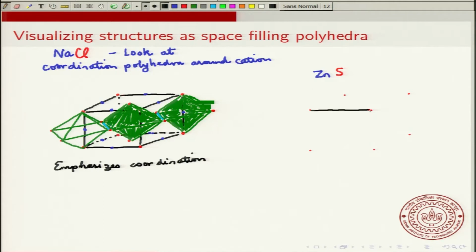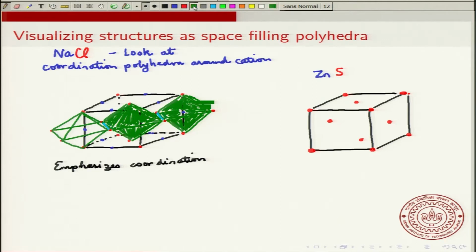As before, I will show this. So, these are the sulfide ions that are forming a close packed structure, cubic close packed. And now the zinc ions will occupy the tetrahedral voids.